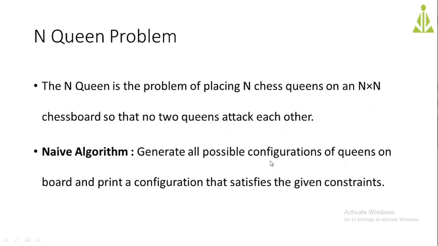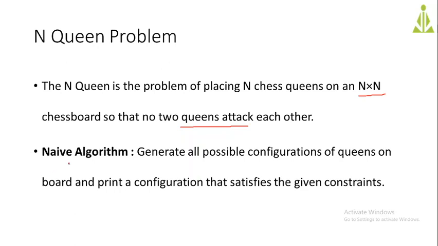The problem is placing n chess queens on an n by n chessboard so that no two queens attack each other. They should not be adjacent to any one of the queens.